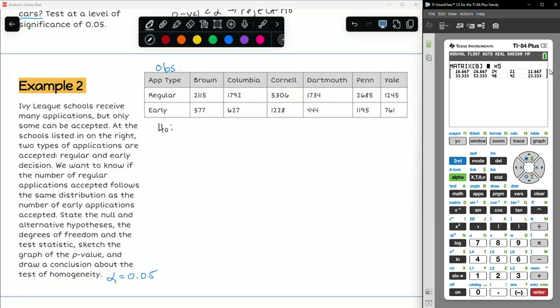We know that for a test for homogeneity, the distribution for regular apps and early apps match. And then the alternative is the distributions do not match.